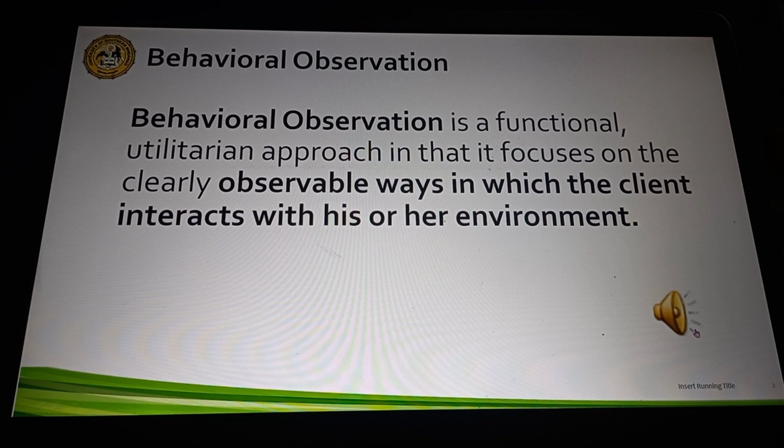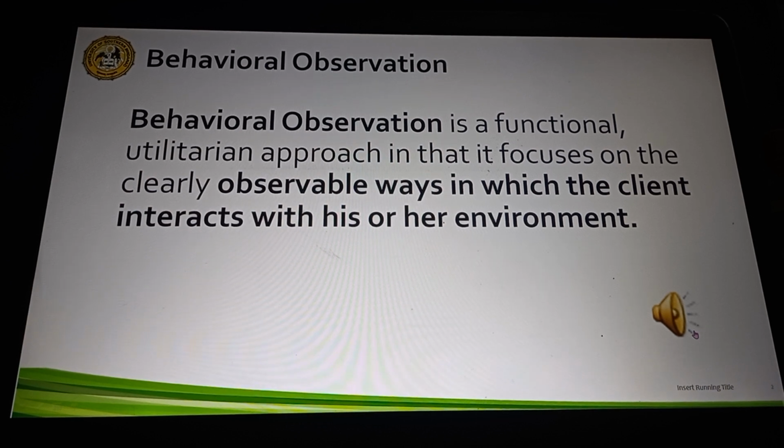Now, behavioral observation is the most common type of informative assessment in certain cases. It is very effective for young children, the developmentally disabled, the resistant clients, or those who don't want to be observed. So I guess this will be effective for them. And for those clients who lack communication skills, for those clients who are lacking in insight.